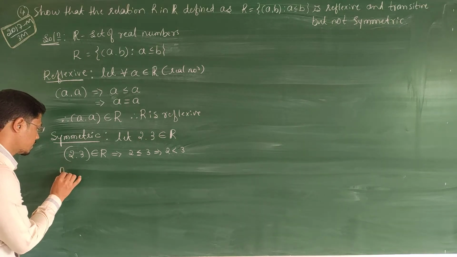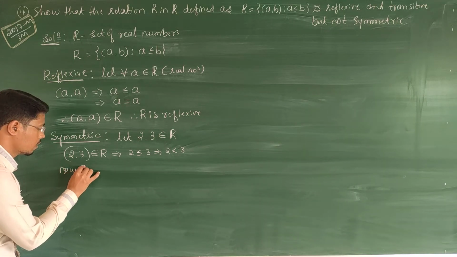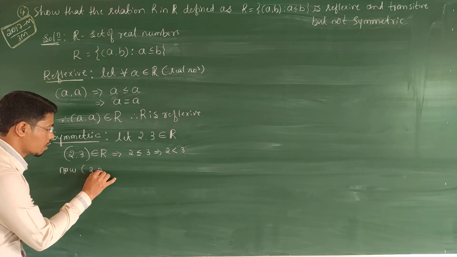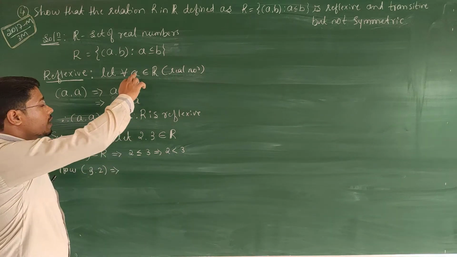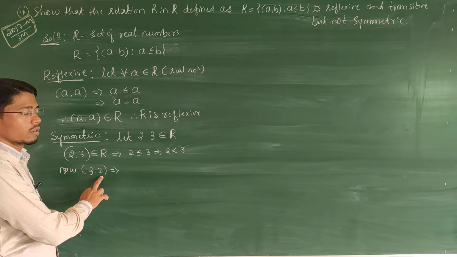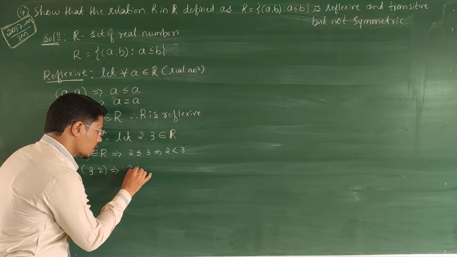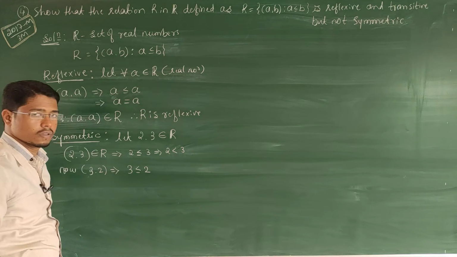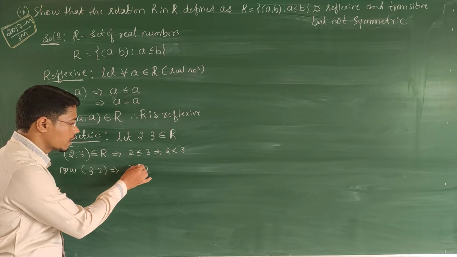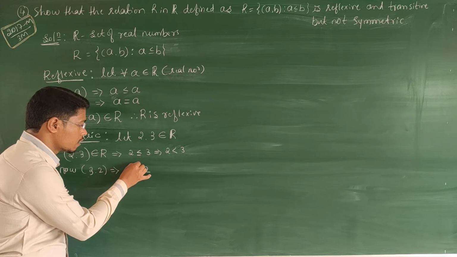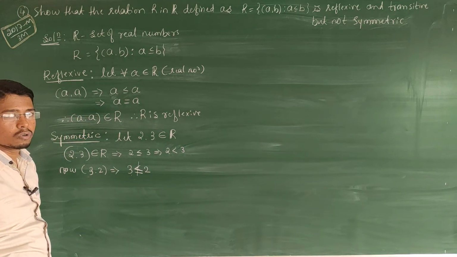Now check the reverse. Now (3, 2). What about (3, 2)? See, put it in the relation: A is 3 and B is 2. 3 is less than or equal to 2? 3 is neither less than 2 nor equal to 2. Therefore it is not less than or equal to 2.